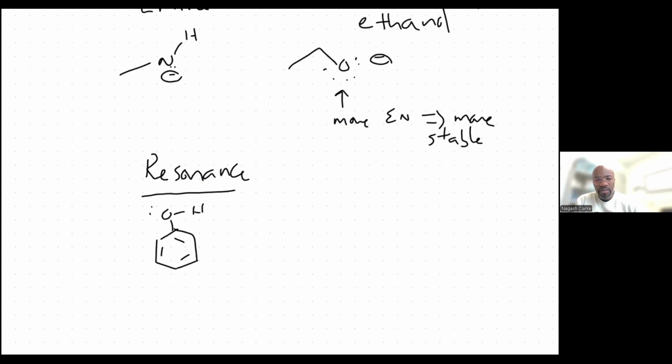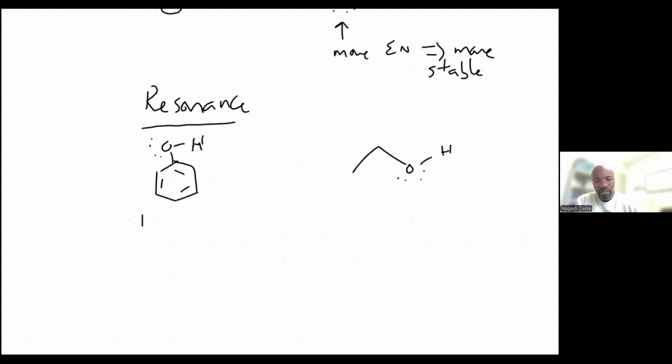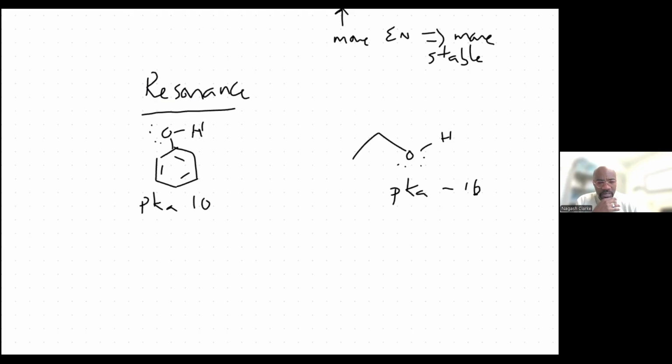And I'm going to compare that to ethanol again. With pKa around 10, pKa 16. So conjugate base, you've got to make sure you learn how to identify the acidic hydrogen.